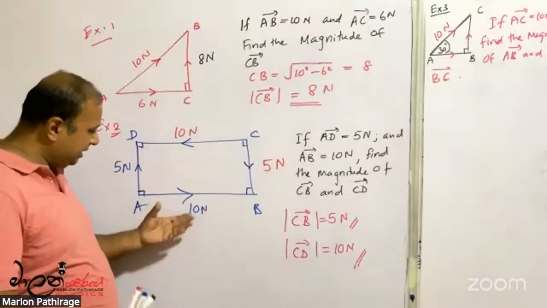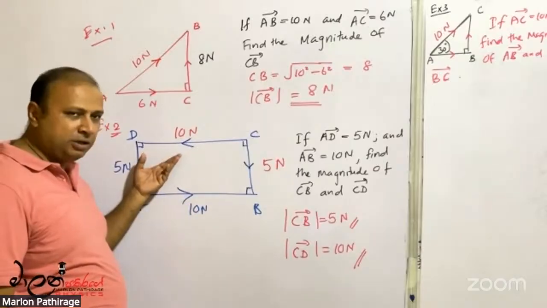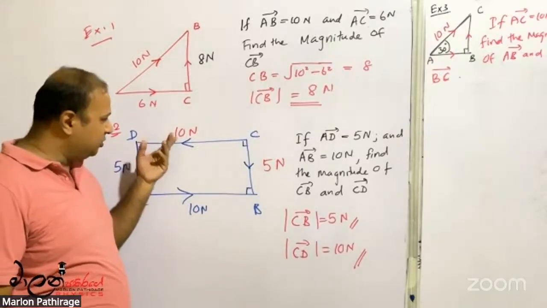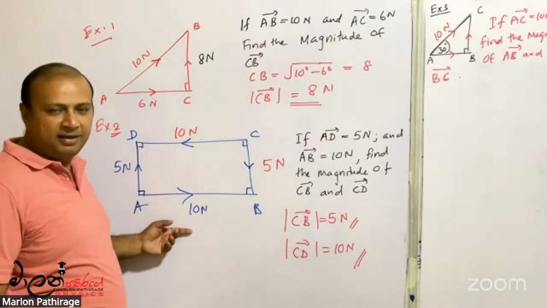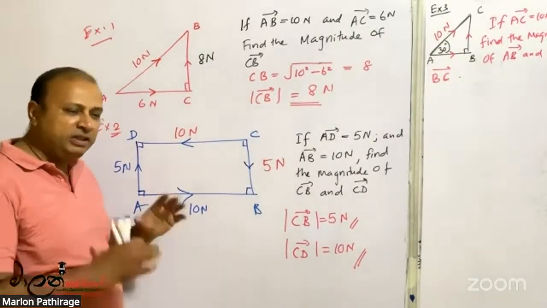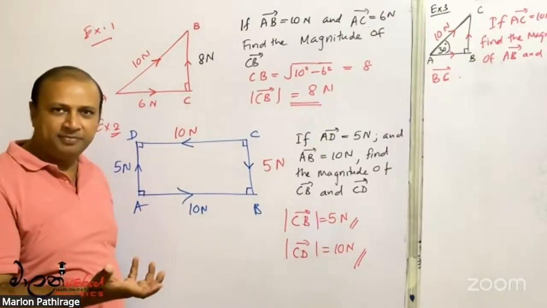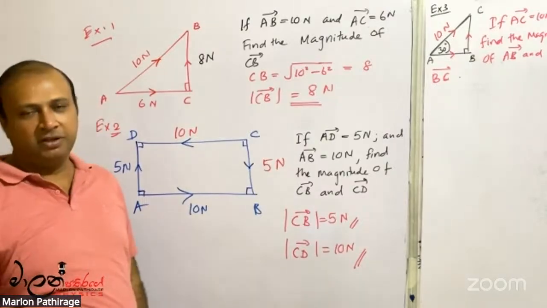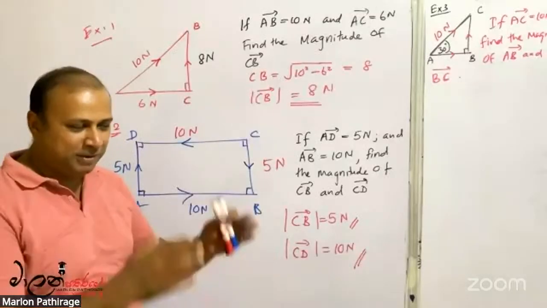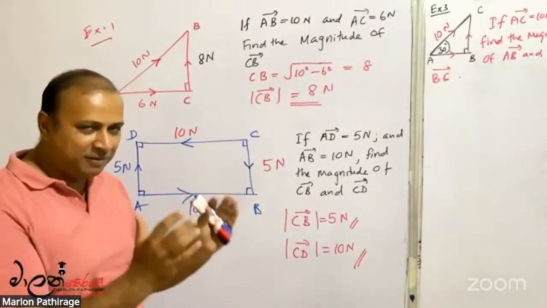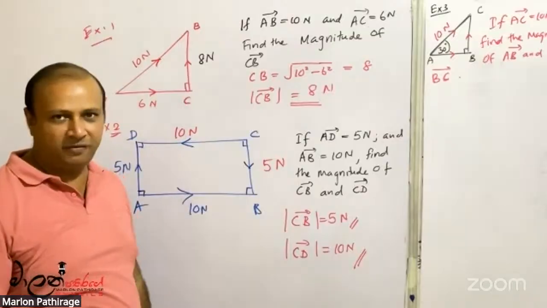This vector is the negative vector of this one, and this vector is the negative vector of this one. But we are going to discuss magnitude only, so we don't need to see the direction.